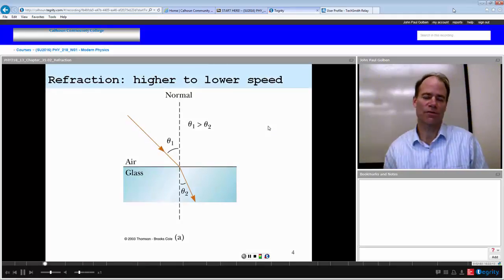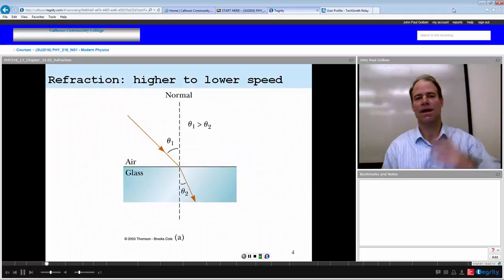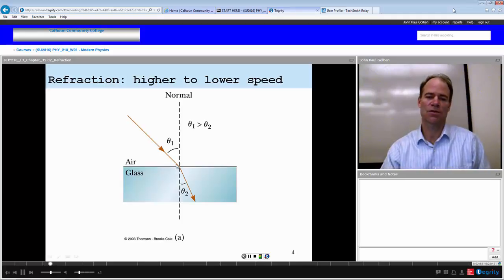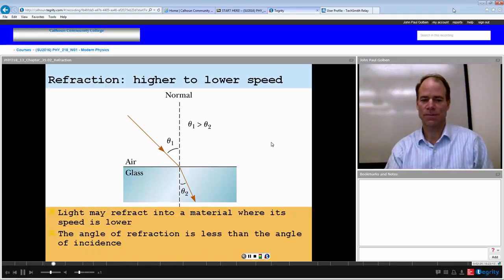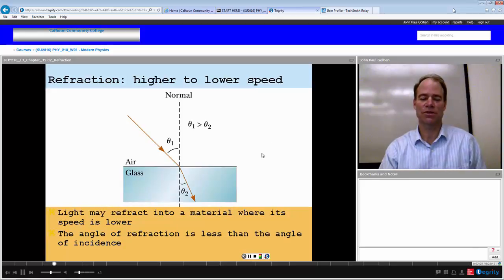We can think of refraction as these wave fronts coming in, with the speed of the light going from a higher to a lower speed. And in that sense, it's going to refract towards the normal. The normal, again, is that line that is perpendicular to the surface in question. Light may enter a material where its speed is lower.